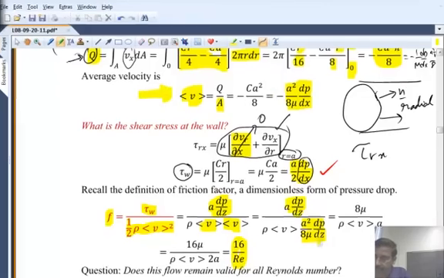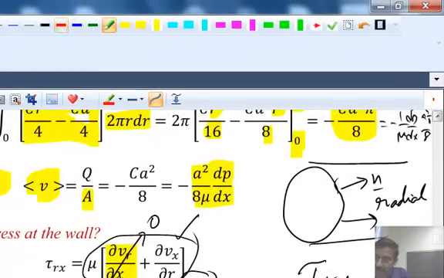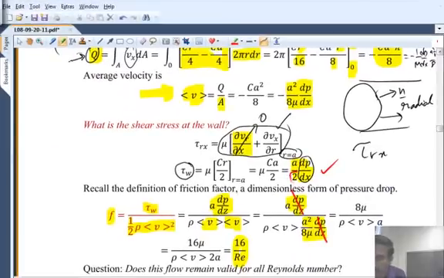Okay, and so you'll find that the dP/dz will cancel out, and there is a 1/2 there. That's what cancels with this 1/2, if you're wondering what happened to that 1/2. And then you'll have A divided by rho V, A squared over 8 mu. Okay, so that becomes 8 mu over rho V A.